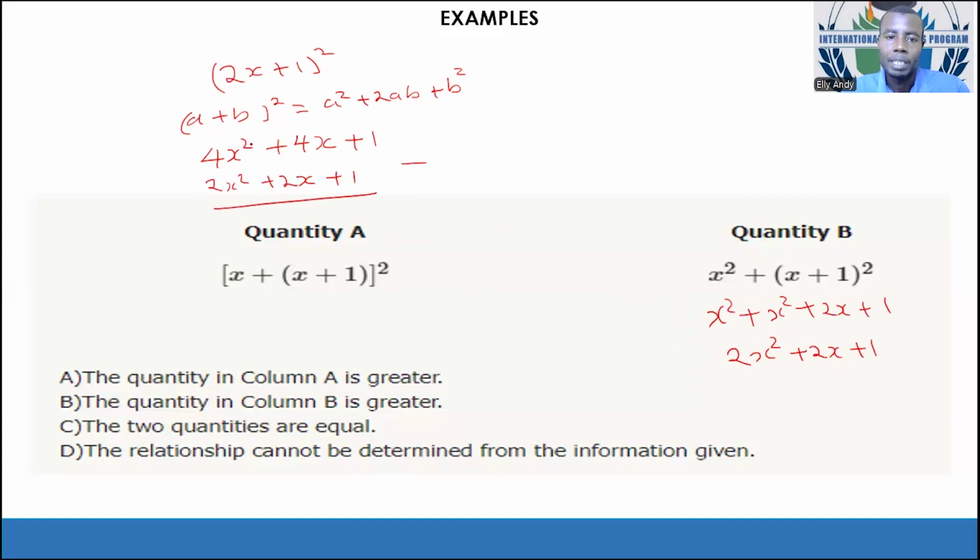We do the subtraction, and we'll end up with 2x squared plus 2x on this side. On the other side, we'll end up with 0.